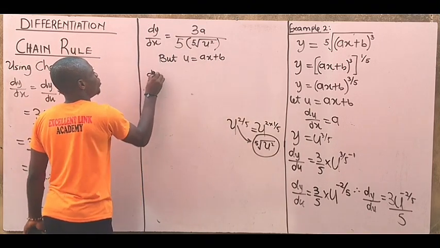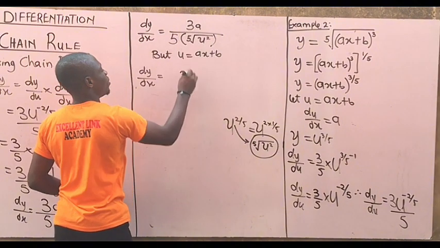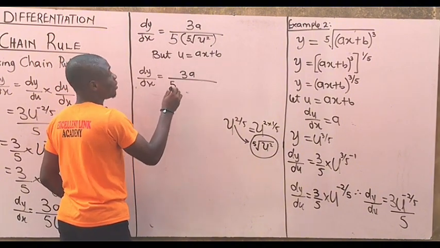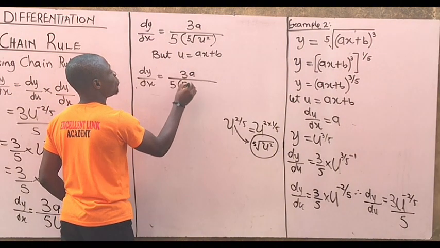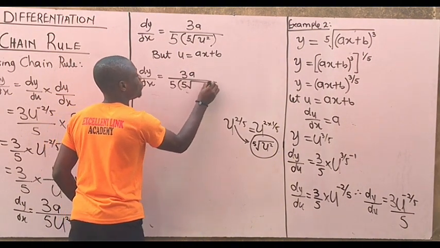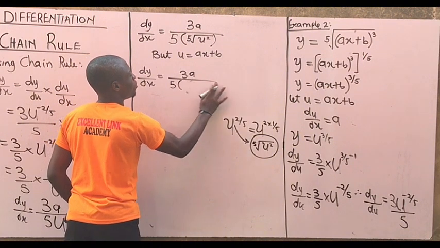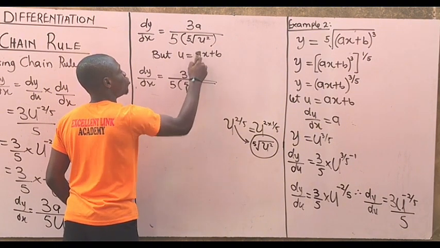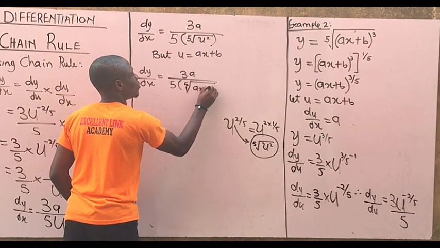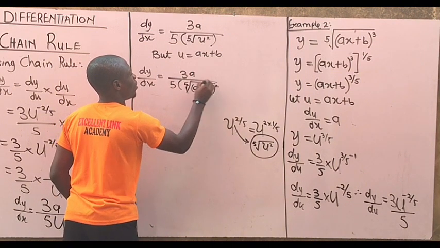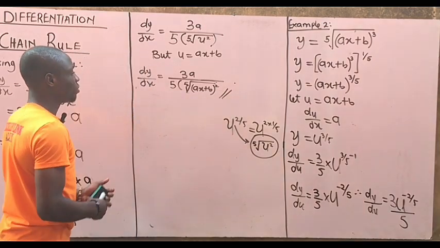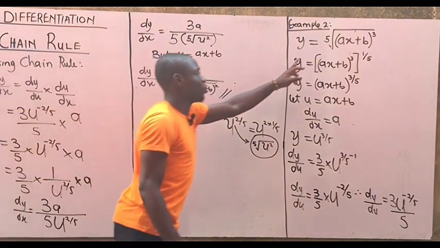So I'll have dy over dx equal to 3a all over 5 times the 5th root of u, and u is ax plus b, all squared. So this is my final answer after solving that question.